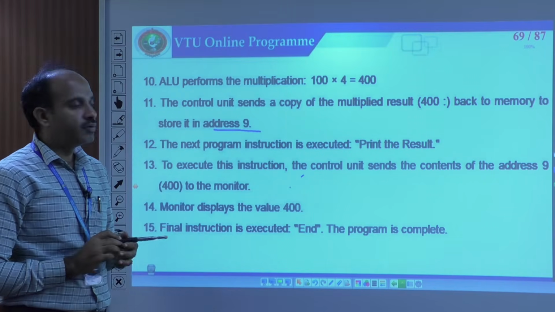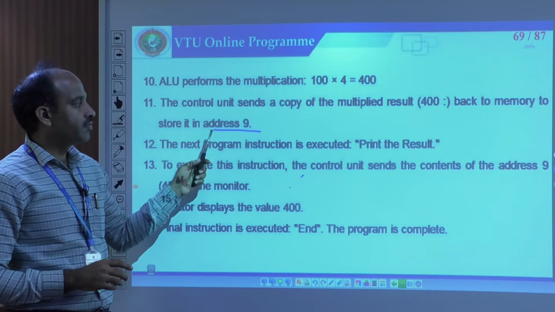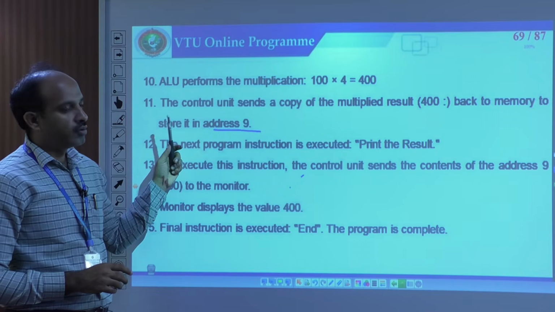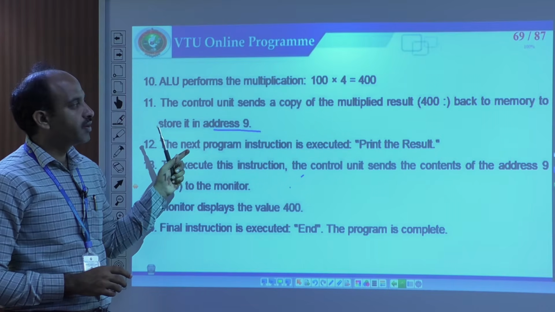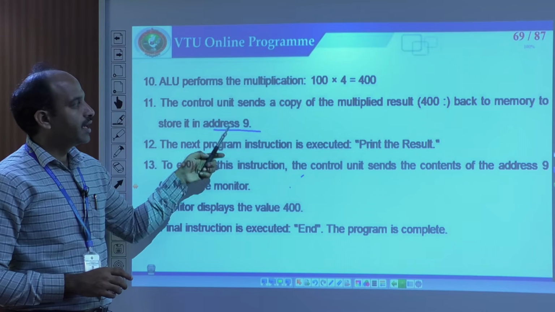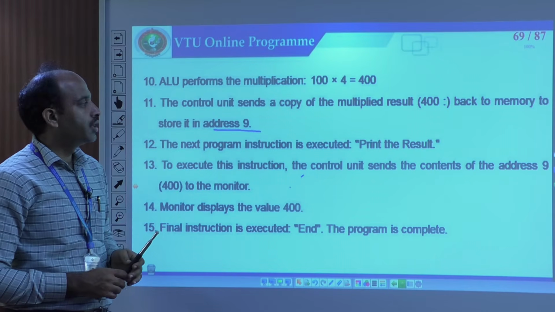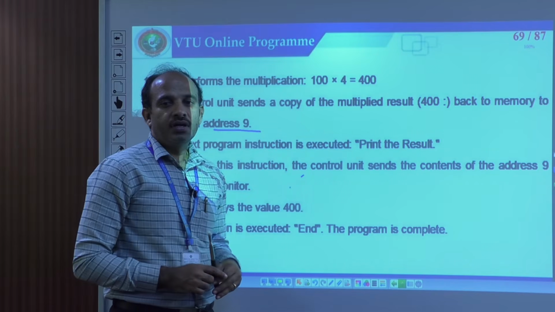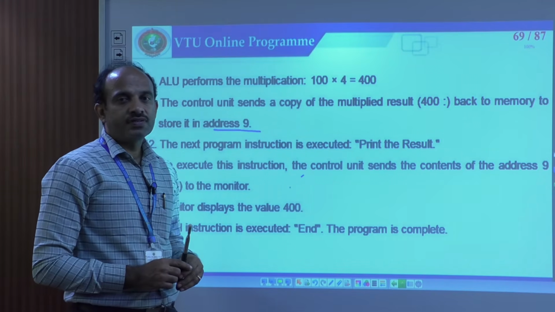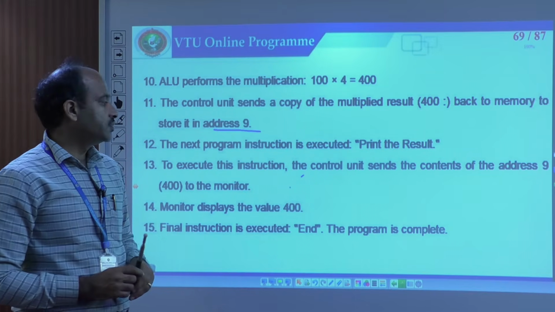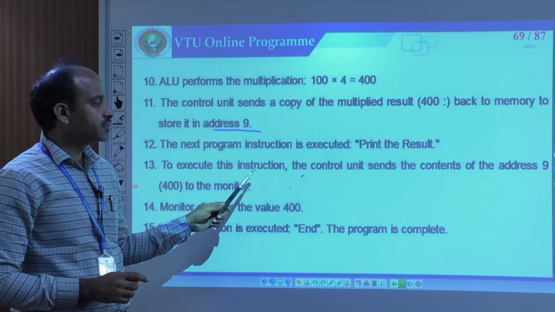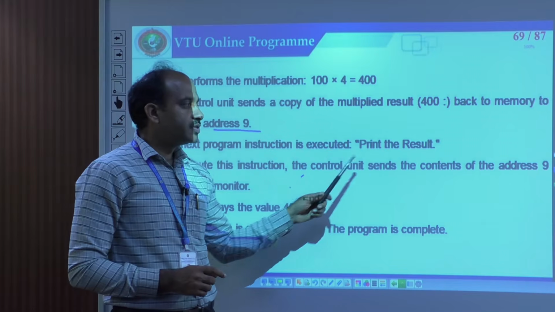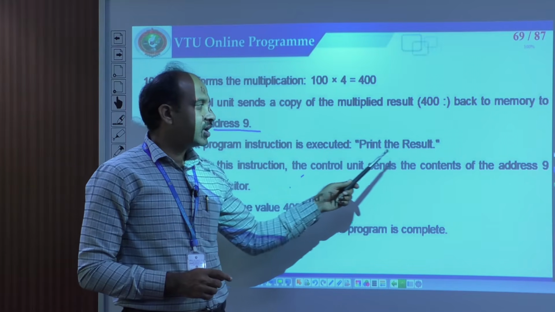Assume these are all the addresses: 7 is for 100, 8 is for 4, and 9 is for the output of 100 into 4. Now what is the next instruction? The instruction is to print the result. To execute this, the control unit sends the contents of address 9.